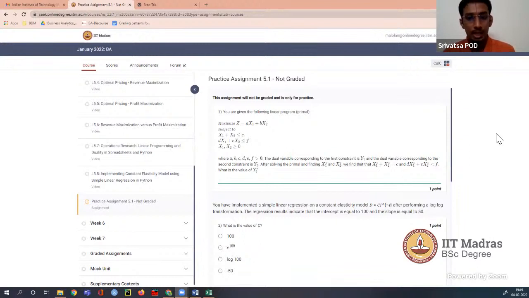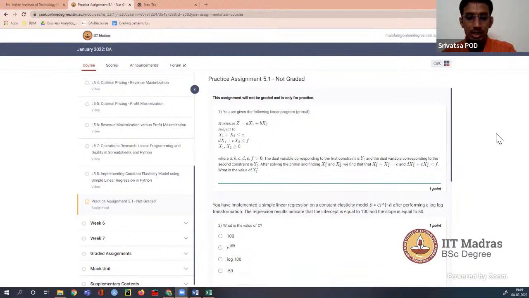After solving the primal, you find x1 star and x2 star, which are the optimal values of x1 and x2. And you find that x1 star plus x2 star is equal to c, which is the right-hand side of the first constraint. The second constraint is not an equality, and you have some slack in there.